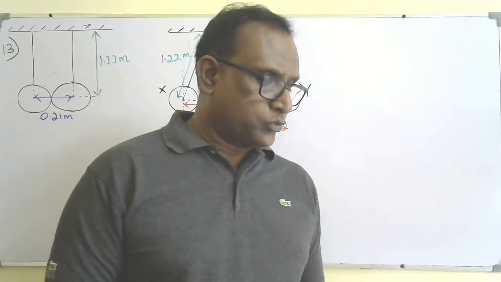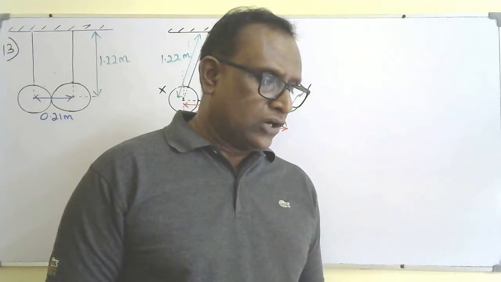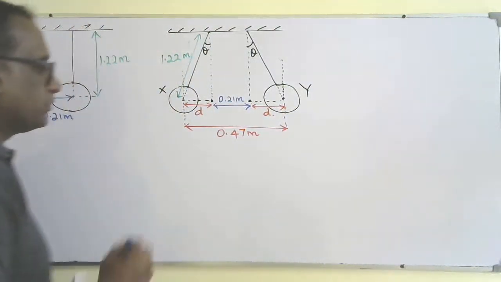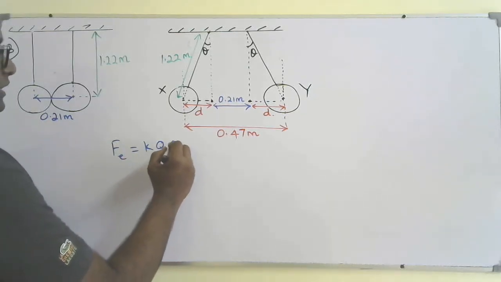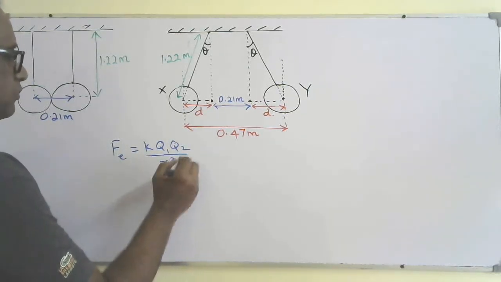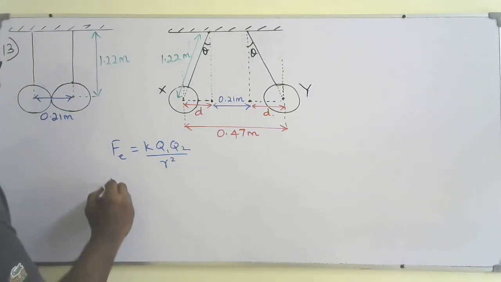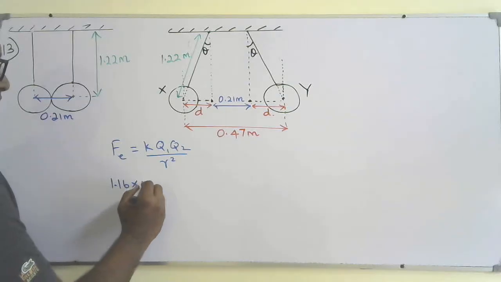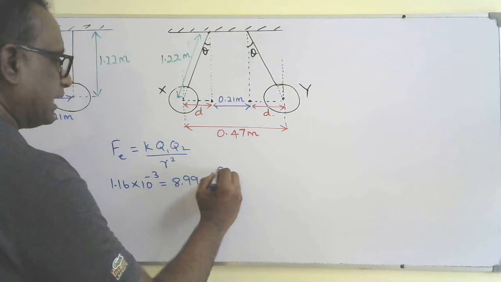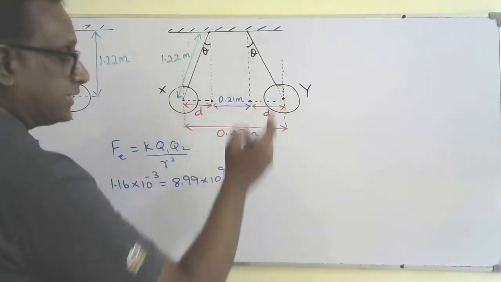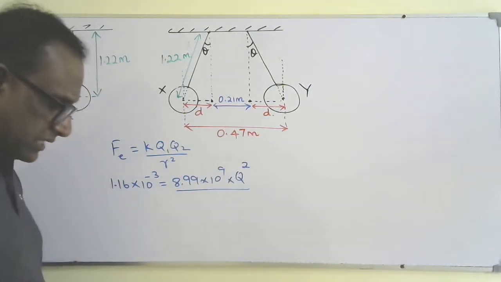Okay, second part, question number 13. Show that the charge on each balloon is about 2 times 10 to the power minus 7. So we can say the electrostatic force is equal to K Q1 Q2 over R squared. Both carry the same magnitude of charge. We know the electrostatic force, 1.16 times 10 to the power minus 3, equals 8.99 times 10 to the power 9 times Q times Q, same charge, so Q squared over R squared, 0.47 squared.